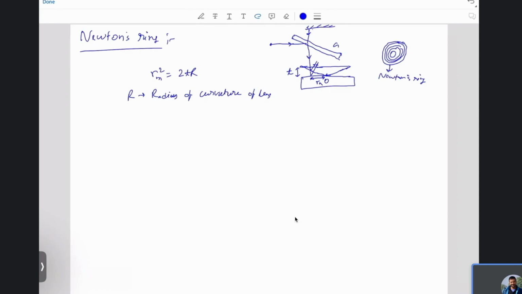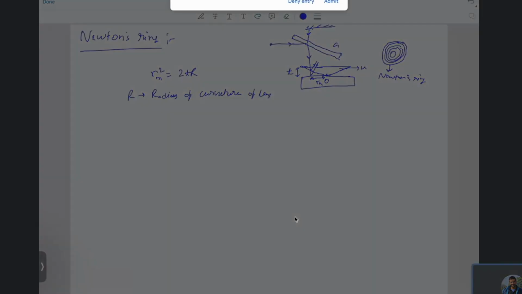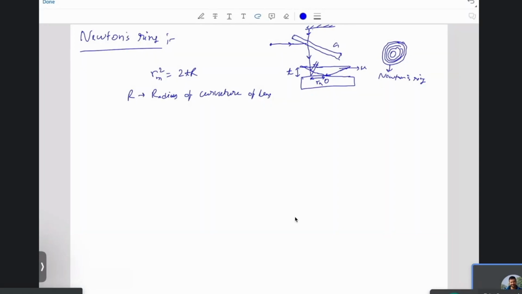Suppose this lens has refractive index mu, so you can write the path difference as 2 mu t, and the condition for bright ring will be (2m minus 1) lambda by 2.